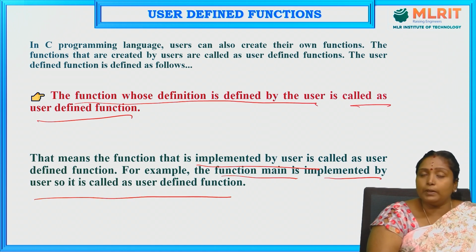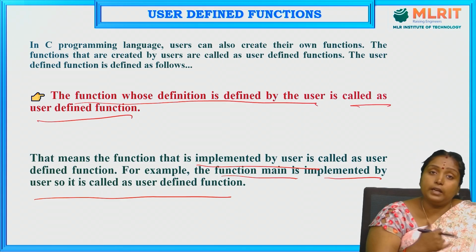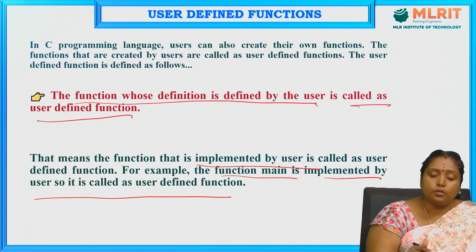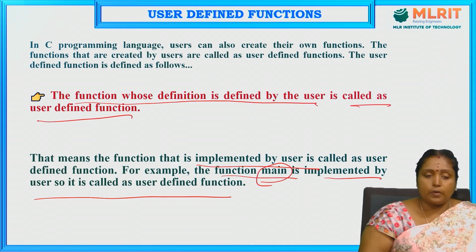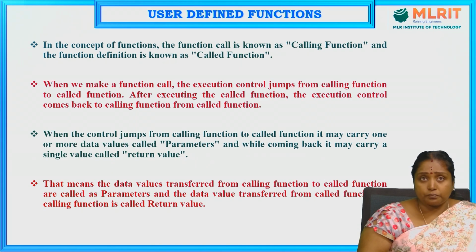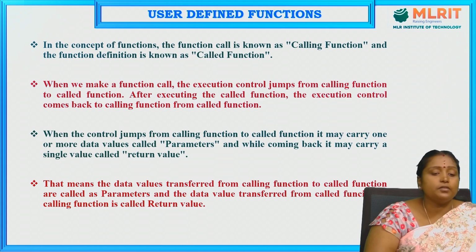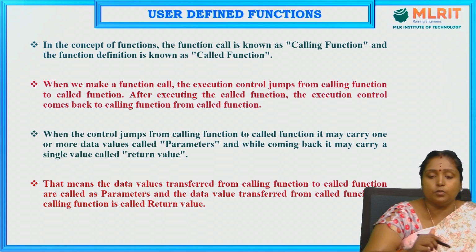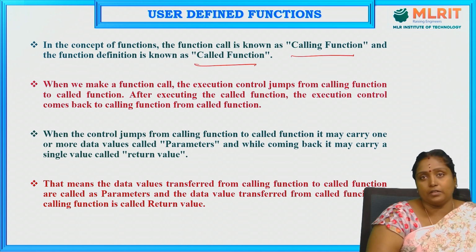Main is not a predefined function because there is no code already defined for it. We are writing our own code, right? So main is a user-defined function. Okay, when it comes to the concepts of functions, a function call is known as the calling function, and the function definition is known as the called function.